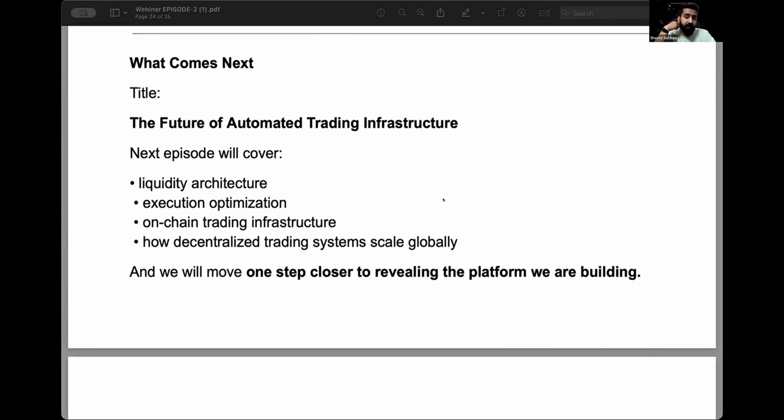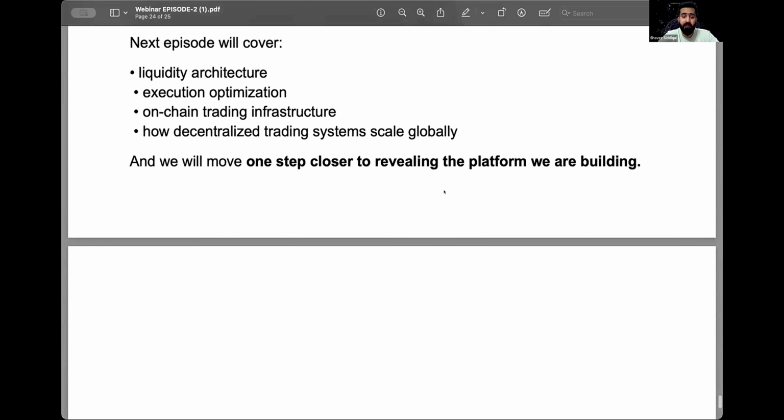So in the next episode, we are going to learn about liquidity architecture, execution optimization, on-chain trading infrastructure, and how decentralized trading systems scale globally. And then this explanation will help us move one step closer to revealing the platform that we have built.